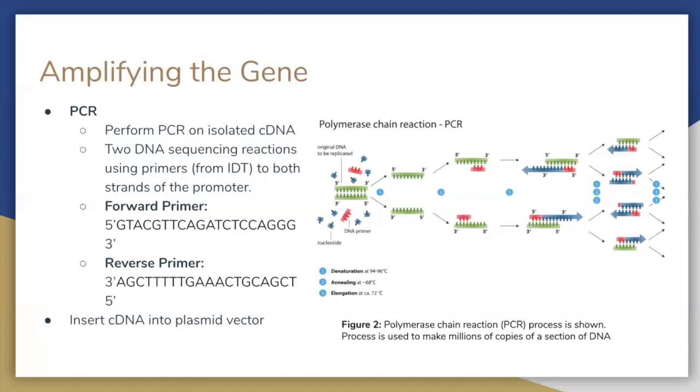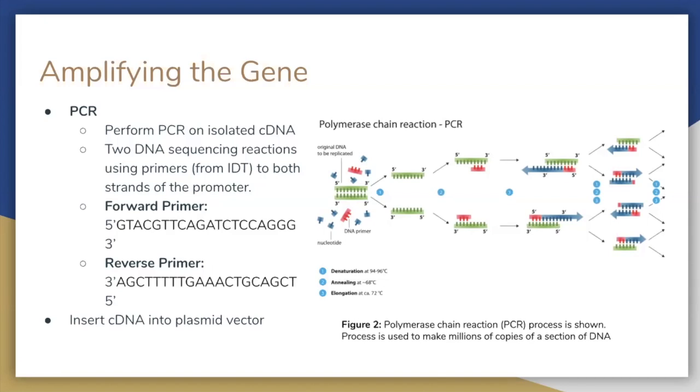So in order to amplify the gene, we will perform PCR on the isolated cDNA. And 2 DNA sequencing reactions will be performed using primers that we will be obtaining from IDT. Now we identified the primers that we'll be using for this reaction by also looking at the sequence of another gene found in the liver, which is the place where we will eventually be injecting the plasmids that we make with this.